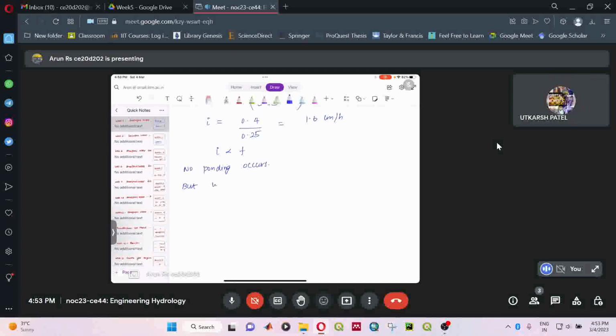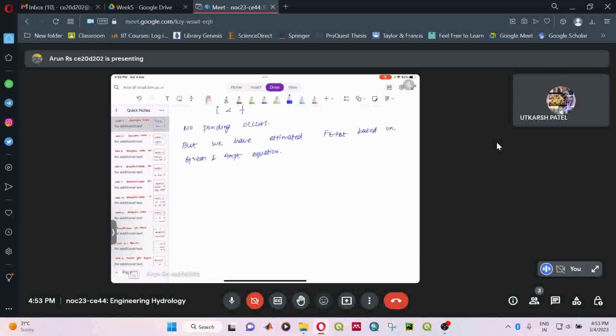But we have estimated F(t+Δt) based on the Green-Ampt equation, so that is wrong.